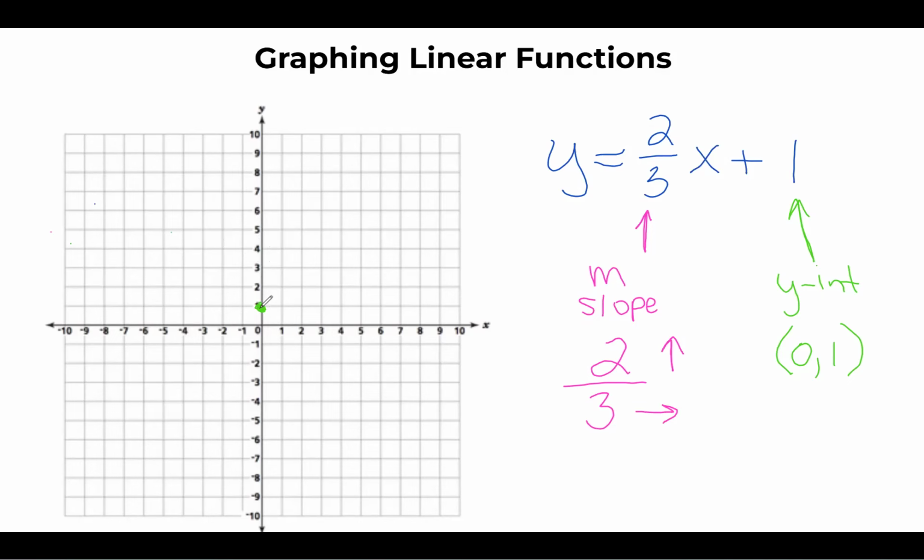So I need to go up 2. So from that given point, I'm going to count up 1 box, up 2 boxes. So I'm counting that up 2. You do not stop and put a point here. This is only part of the steps. I need to make sure I'm following both top and bottom.